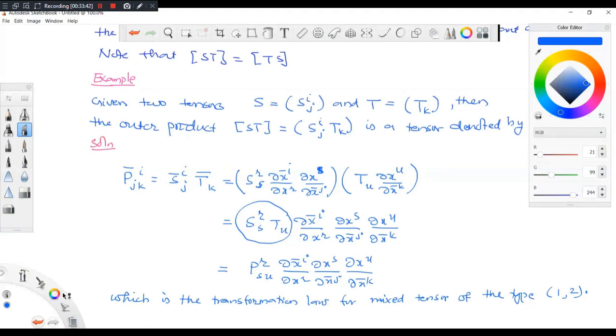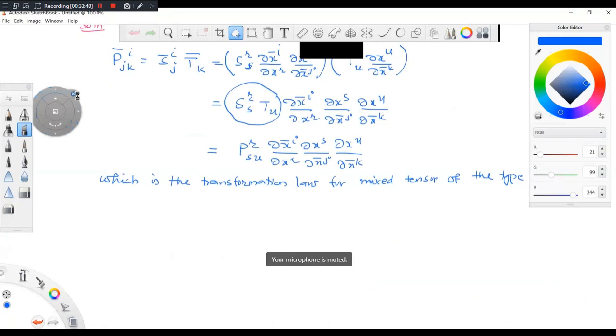So this is the meaning of the outer product. That is what I want to say.